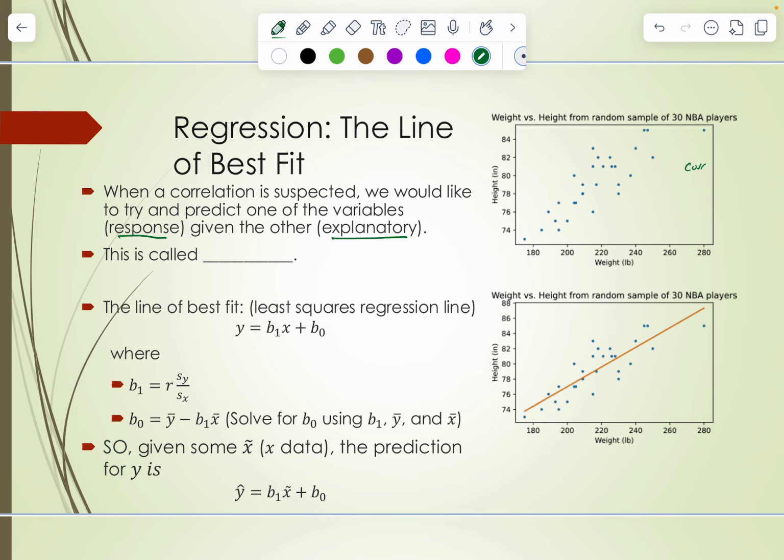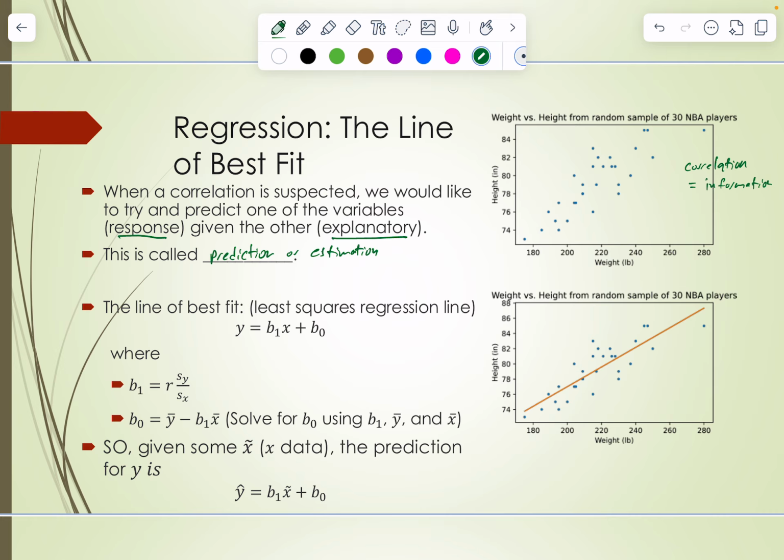Correlation means that one variable gives you information about the other. Now, this is called prediction, or sometimes just estimation.